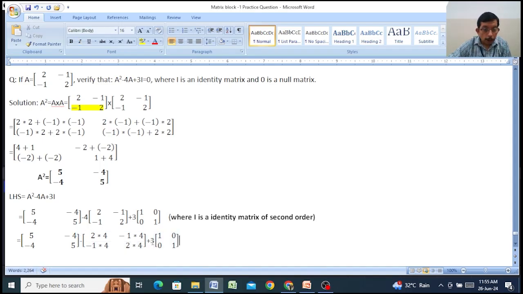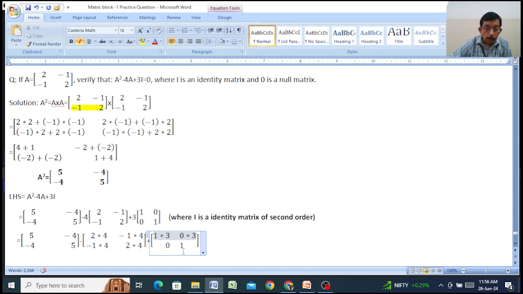Now the 3 is the scalar quantity multiplied by each element of the matrix: 1 into 3, 0 into 3, 0 into 3, 1 into 3.